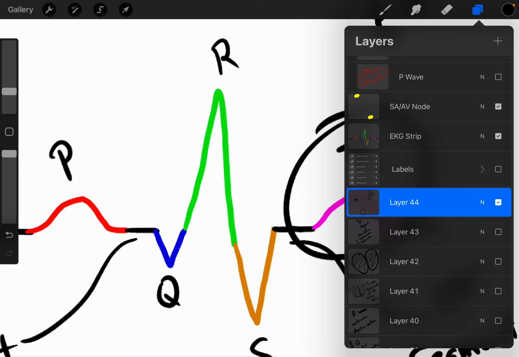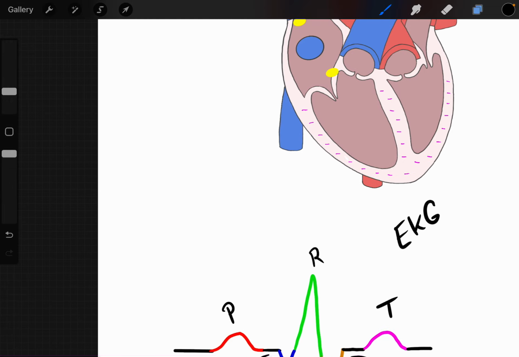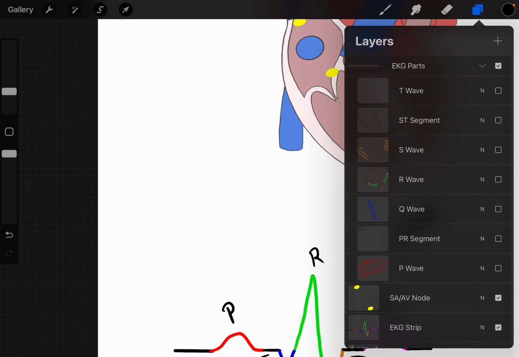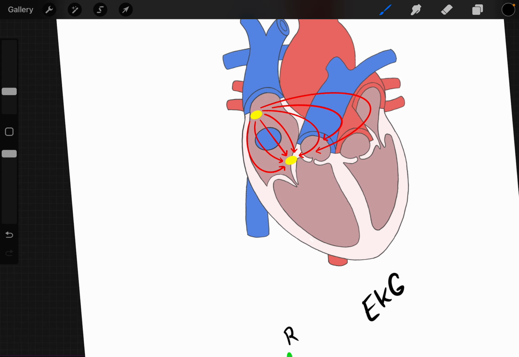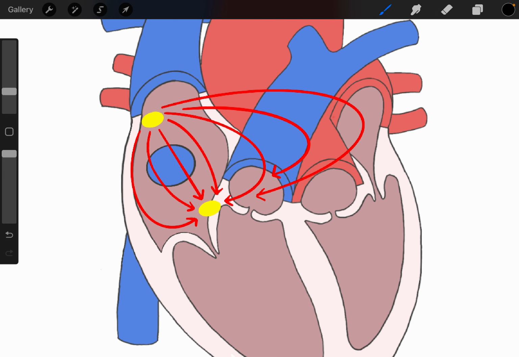Last and final point is after the P wave, going back to the beginning, after this P wave, which is atrial depolarization, these muscles around the atria must also repolarize before the next time they need to depolarize and contract.